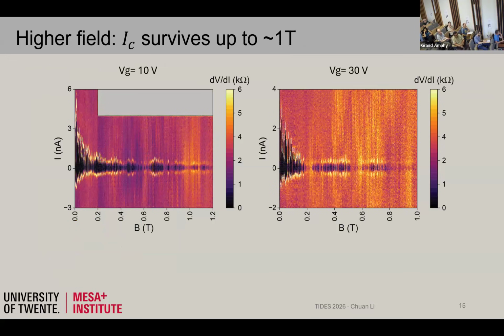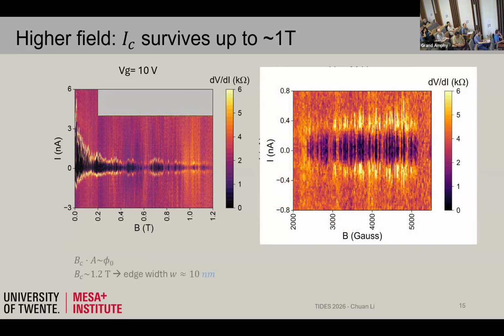And a little bit crazy part, if you increase the out-of-plane field to about 1 Tesla, they still exist. They are modulated in all kinds of fashions, but no matter in which gate, you can always have this signature at pretty high fields. And this is quite impressive in some sense.